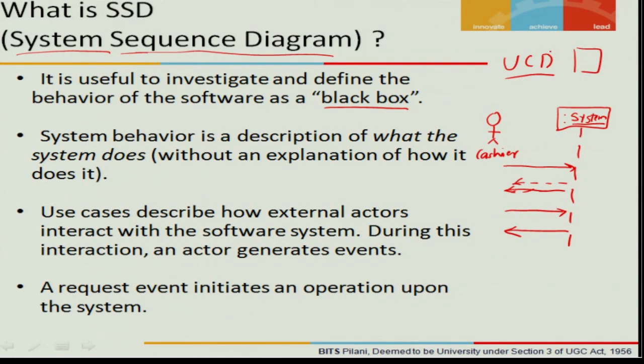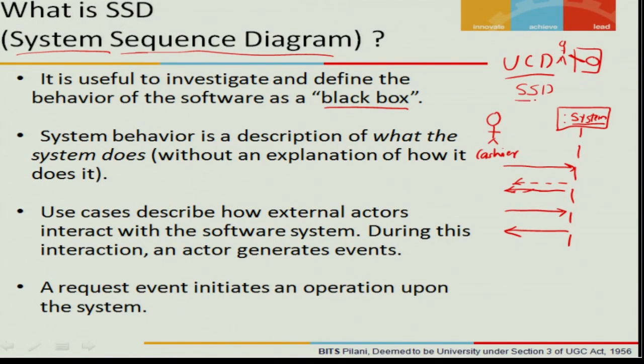It is not showing in detail how that interaction happens. It simply shows which actor has an interaction, so we simply draw a line from an actor to the use case. It shows whether an interaction is present or absent, that much only. It does not really show how the interaction happens. That part is covered in SSD.